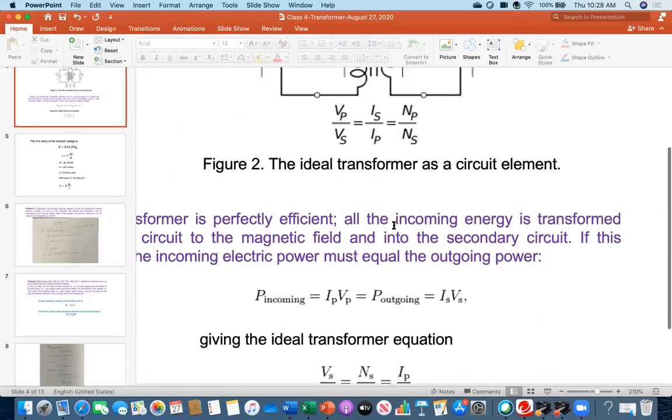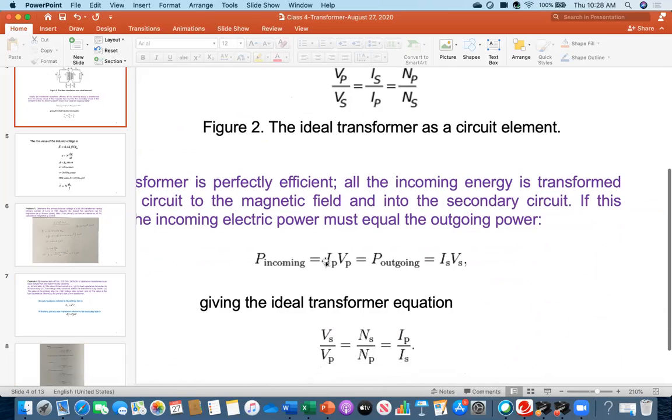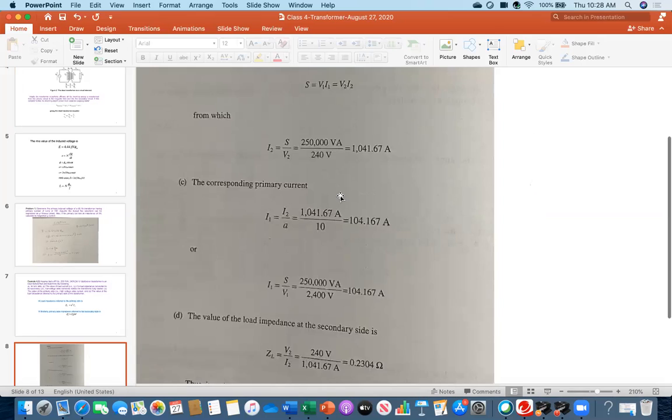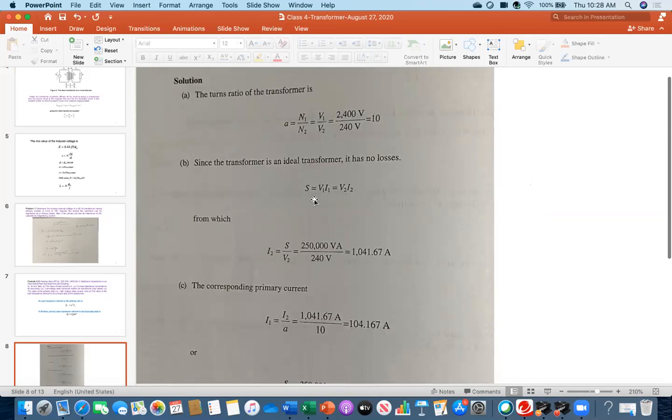You have to keep in mind this equation. What we learned: VP IP equals VS IS, to maintain the law of conservation of energy. Look at this equation: primary side voltage multiplied by primary side current equals secondary side voltage multiplied by secondary side current.